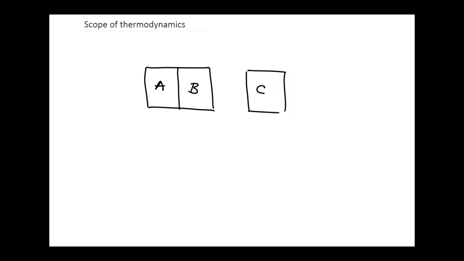You have several systems. These systems can exchange energy in the form of heat, work, particles. So here you might have exchanges of heat, particles, work, and so on. Now mainly those three.